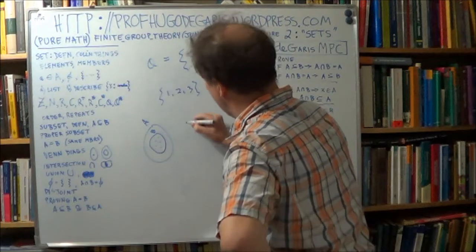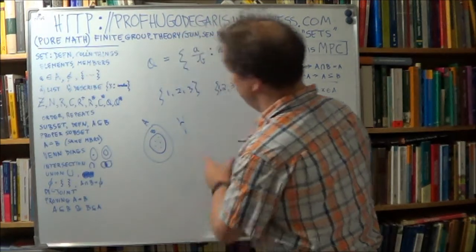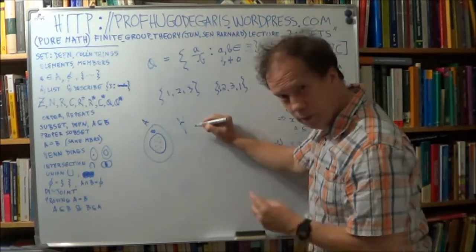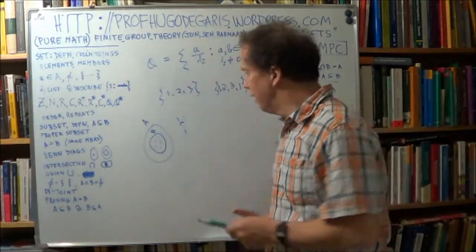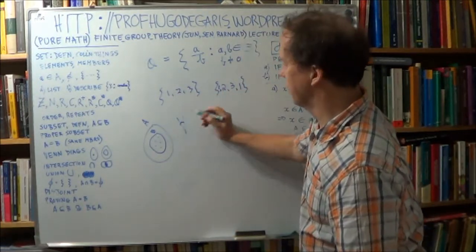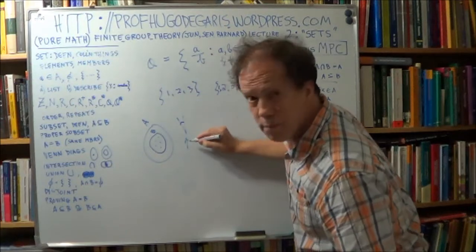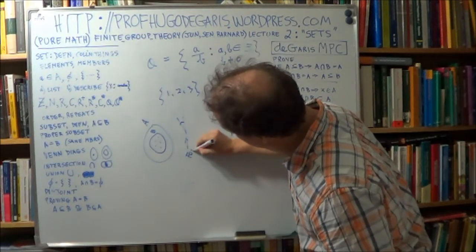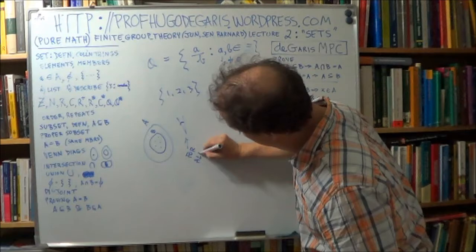Now, you're familiar with this symbol? It looks like a capital V turned upside down, with a sort of wiggle. This symbol means for all, or for every.